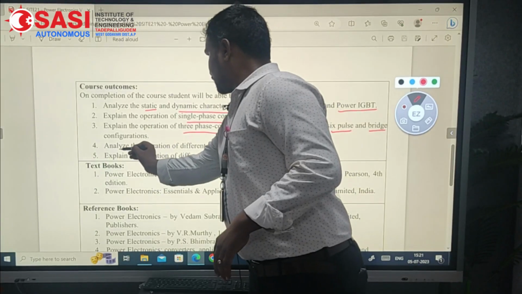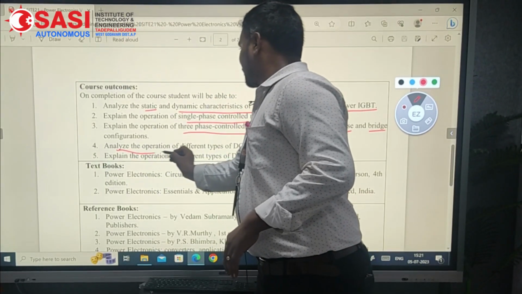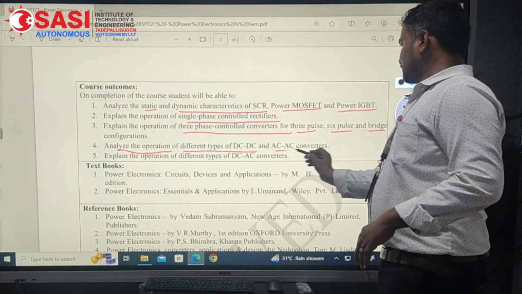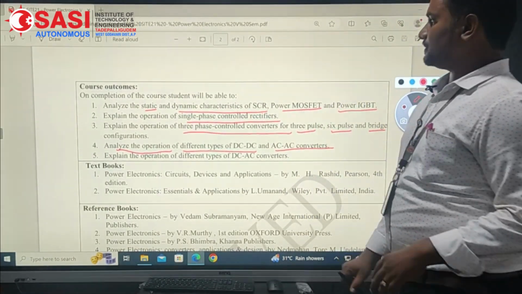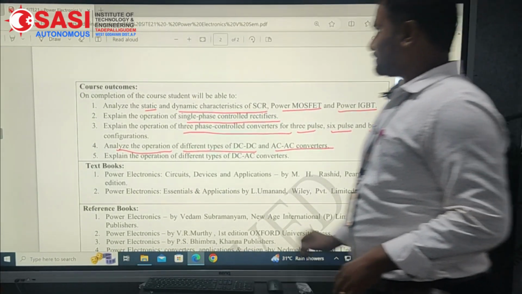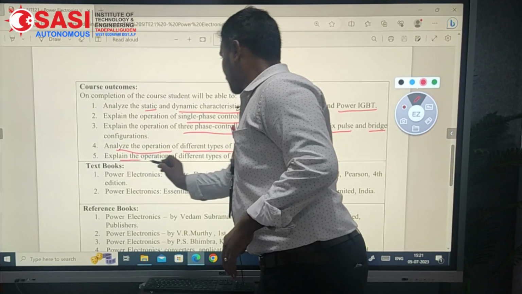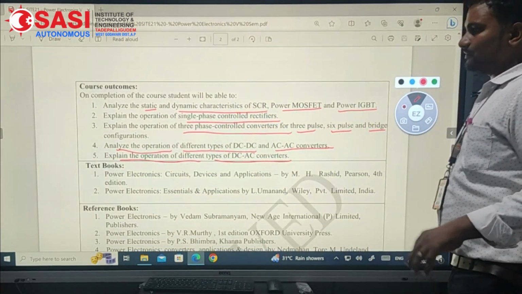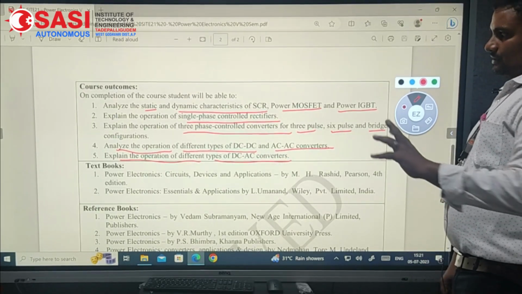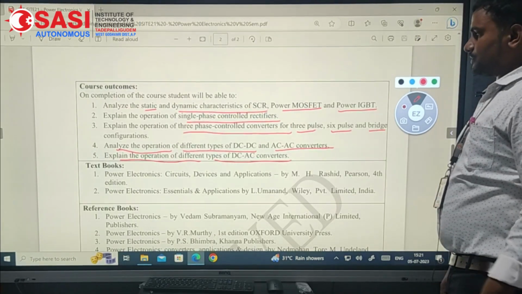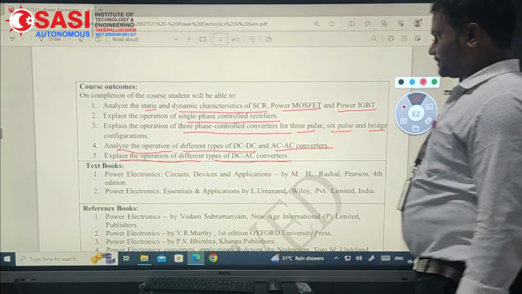And the fourth outcome of the course is to analyze the operation of different types of DC to DC and AC to AC converters in this particular module. So the last outcome of the course is to explain the operation of different types of DC to AC converters, that is inverter operations we are going to study here. And these are the outcomes of the course at the end of the semester.